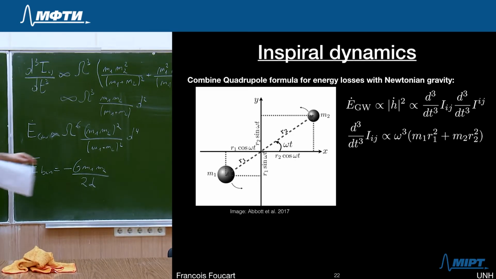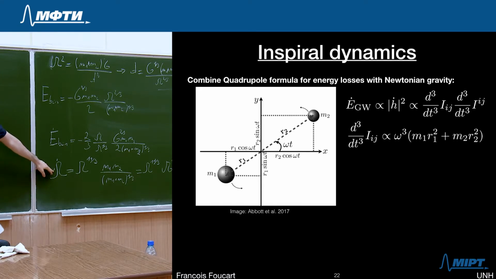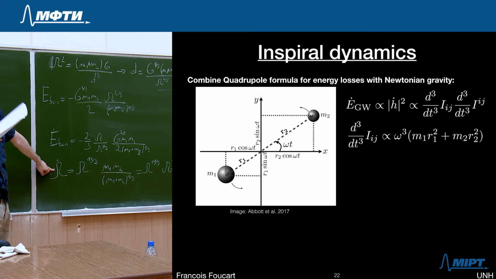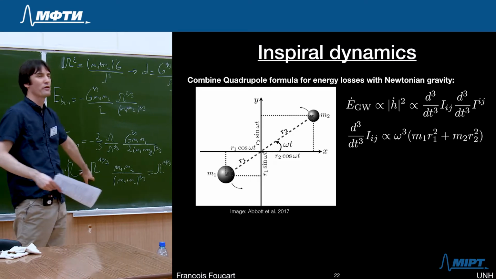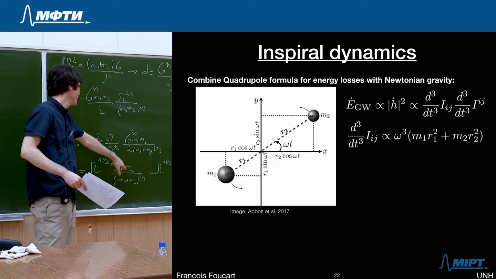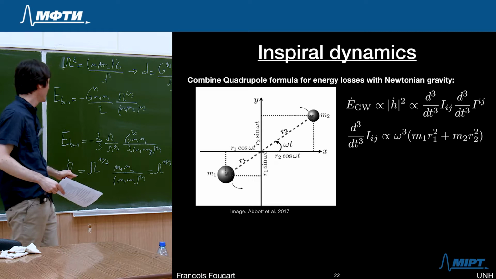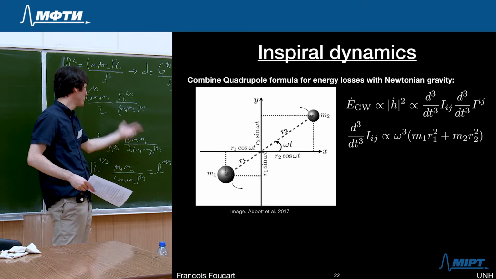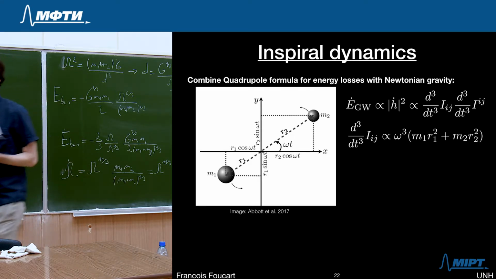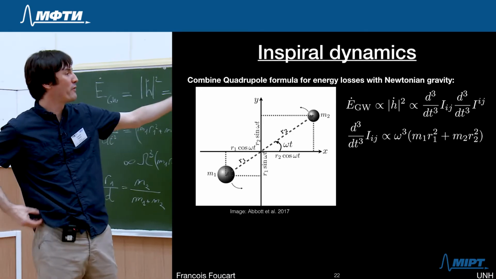I end up with a relationship that only involves the change in frequency of the orbital motion, the actual frequency at the current time, and the masses of the two objects in that weird combination here of m1, m2 over m1 plus m2 to the 1/3, which is the chirp mass to the 5/3.